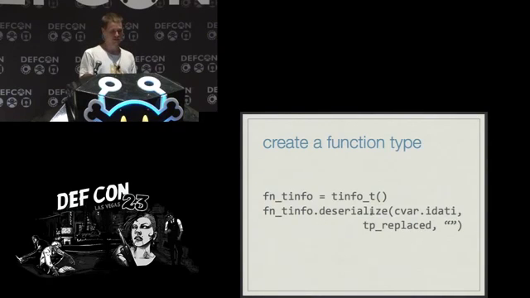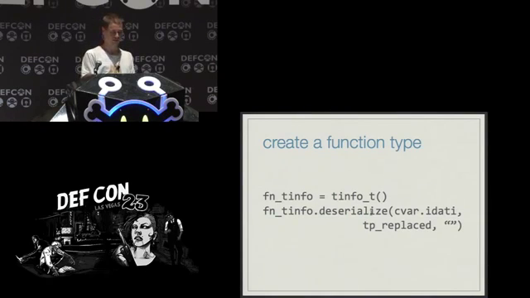And then you can again create a Tinfo T, and when you call deserialize on it and give it whatever the IDC get Tinfo function returns, that's another way of creating a Tinfo that has a certain type. There are several functions in there that all seem to do the same thing, like deserialize and parse type and create function type, and there's like 40 of them.